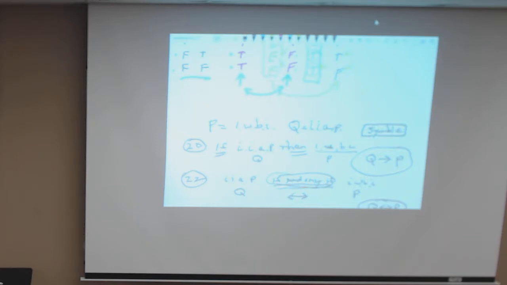In problems 20 to 25, let P be I will buy it. And let Q be if it's a poodle. And write in symbolic form if then. See that if then stuff?